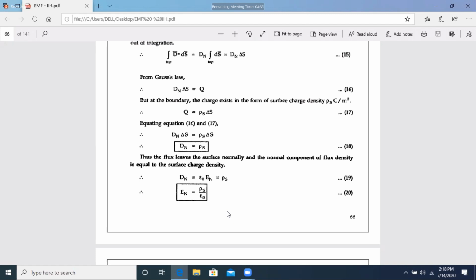So D normal 1, sir, D normal 2 equal epsilon R2.